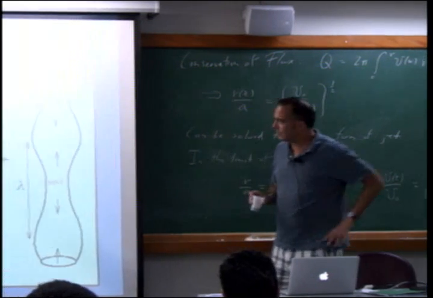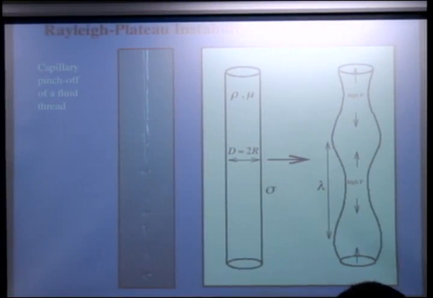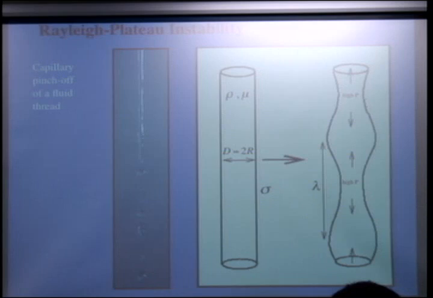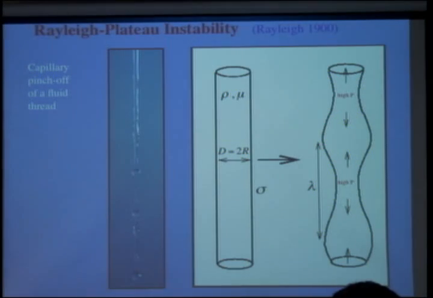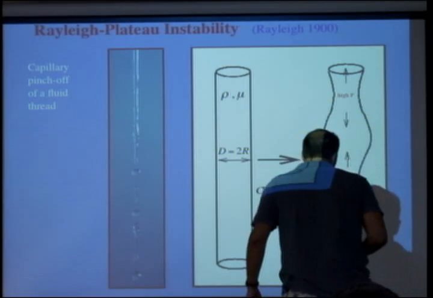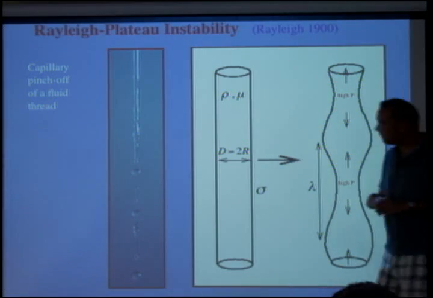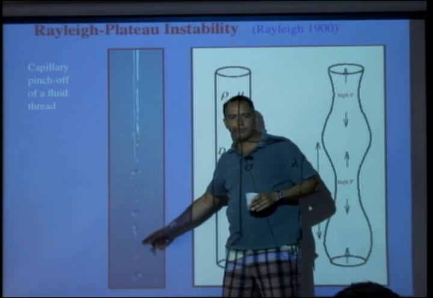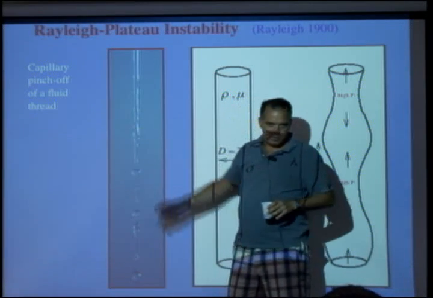But so the basic mechanism is important to understand. If you have a volume of a cylinder of fluid, it's going to pinch off into droplets. This is something we know every time you turn on your tap. Energetically, the series of drops that you get has to have less surface area than the original one, right?